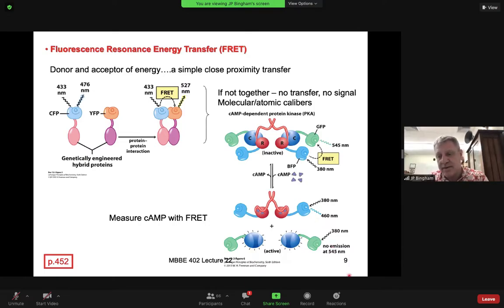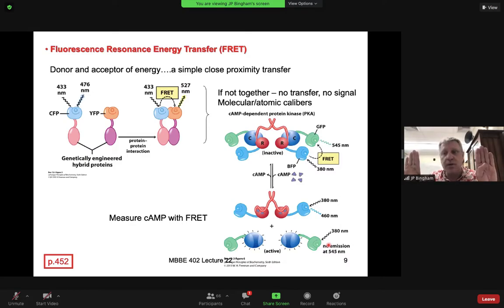So with that situation, we're not going to see any emission at 545 nanometers. So it gives us a clear indication that these proteins have now moved away, given that cyclic AMP has been brought into their regulatory sites, causing their dissociation.